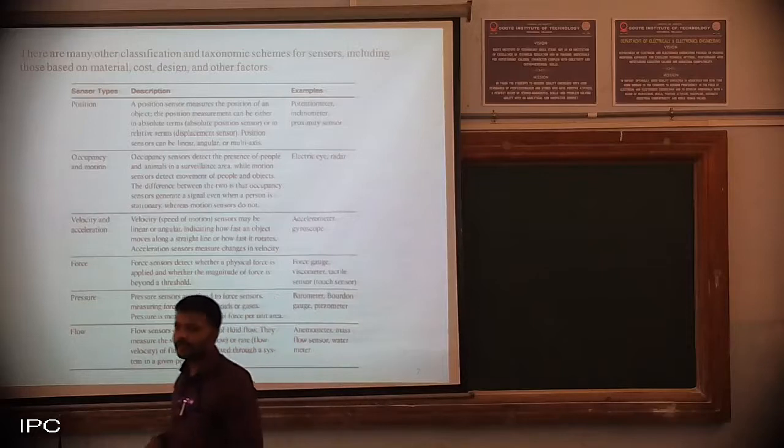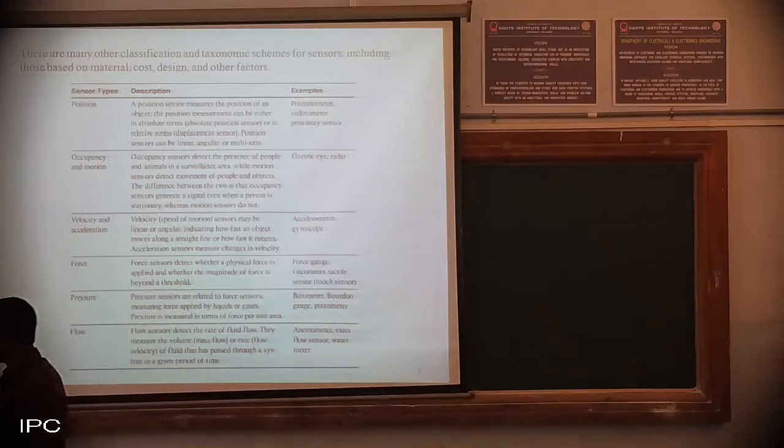And then for force, we can use the force gauge, and the viscometer for liquid viscosity measurement, then the tactile sensor, that is the touch sensor. These work on force.